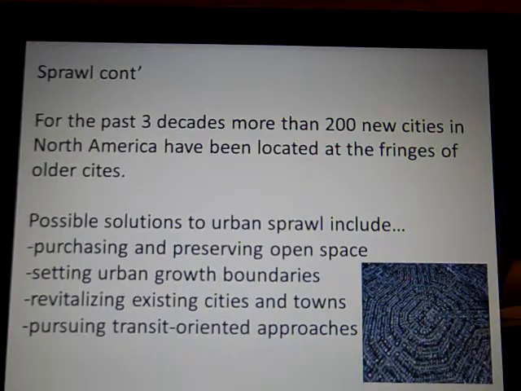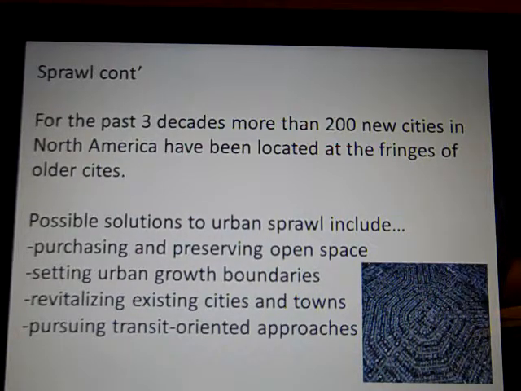Tuesday in class we talked about how some states, like the state of Washington, have actually designated certain areas to be green spaces or rural areas, and it's illegal to have urban development in those areas. Setting urban growth boundaries along those same lines. Also revitalizing existing cities and towns. We talked about gentrification.